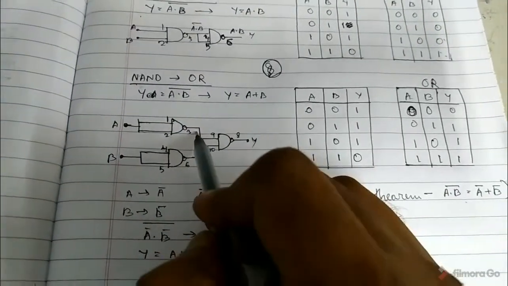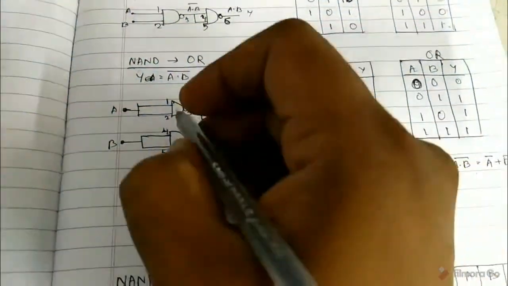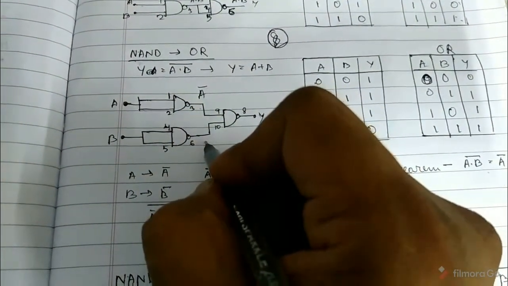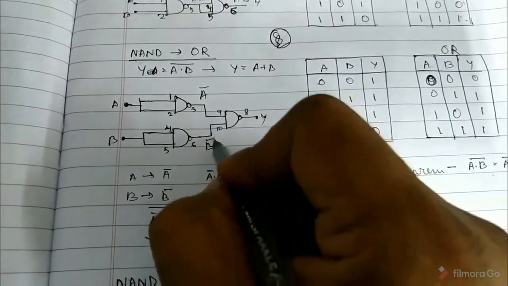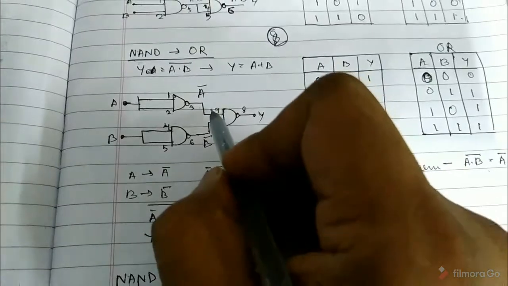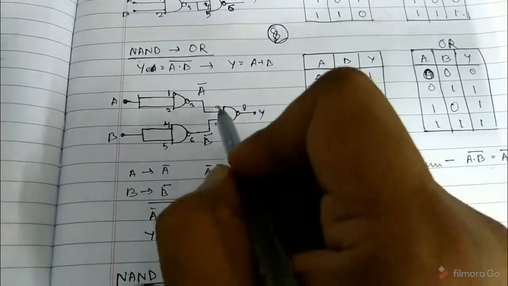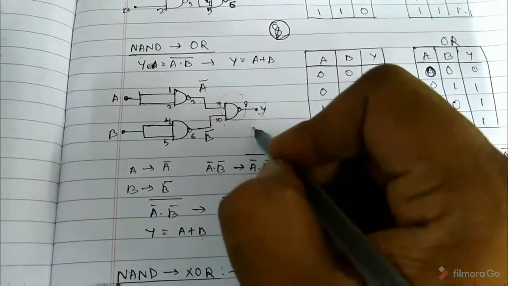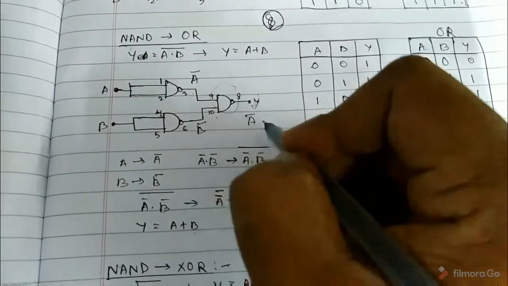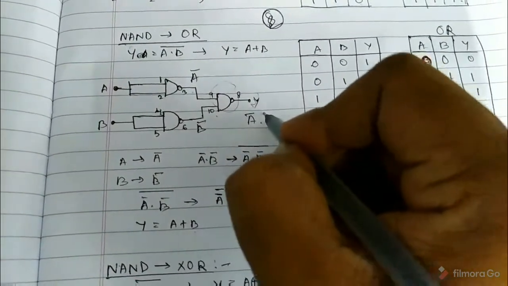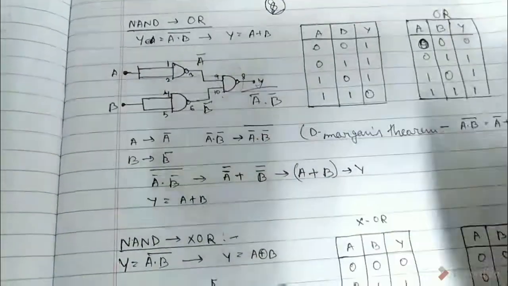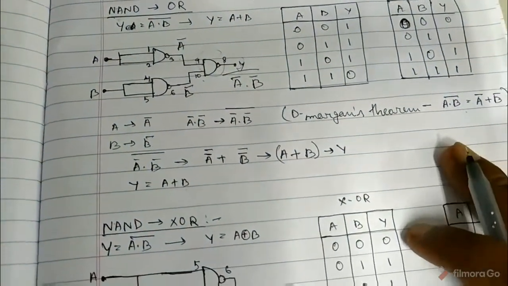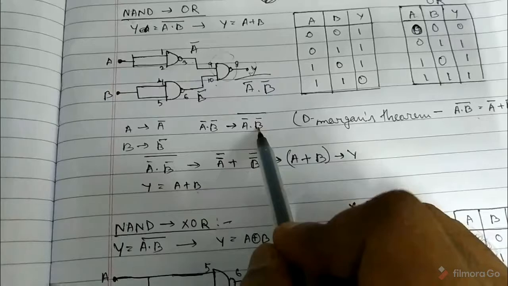Now we are getting A bar here, and B bar here. A bar and B bar are applied to this gate, so the final equation will be (A bar dot B bar) whole bar.